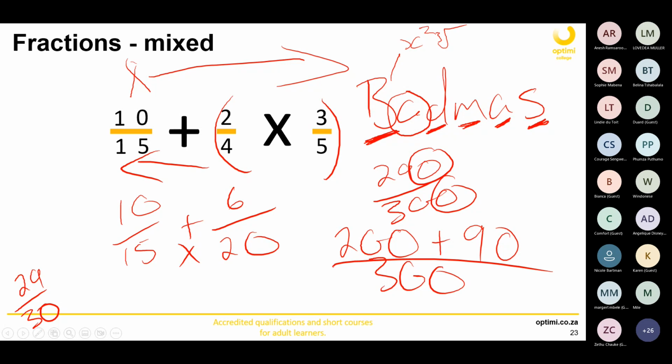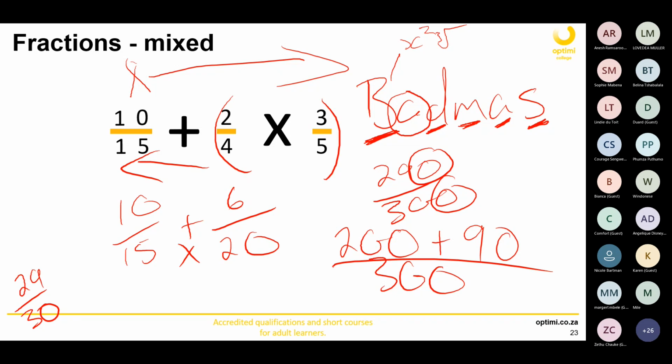Anyway, those of you that didn't answer on the poll, it doesn't really matter. The answer is no. Nothing can go into 29 that can go into 30. Isn't 29 a prime number anyway? I think it is, yeah. Can 29 be divided by anything except one and itself?